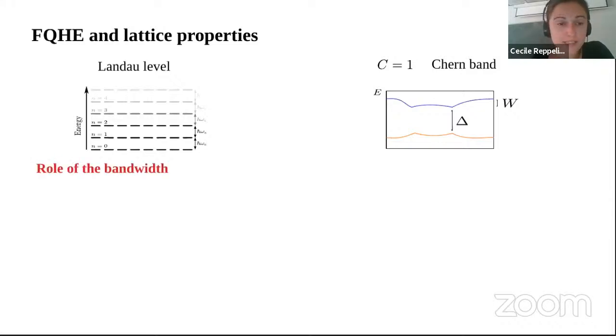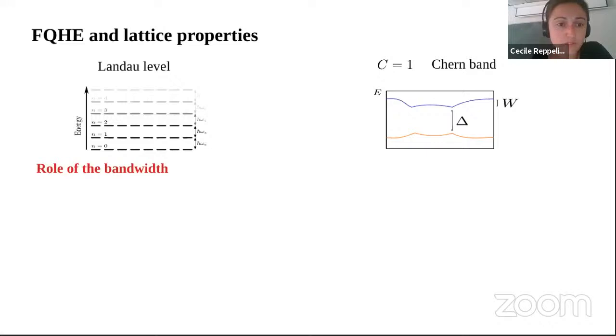There are going to be two main differences between those two objects. One is energetic, it's the bandwidth. And the other one comes from the eigenvectors, so the Berry curvature, quantum geometry, and all these things. Both of these properties will have consequences once you turn on strong interactions.